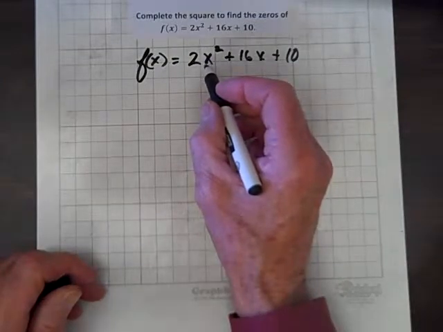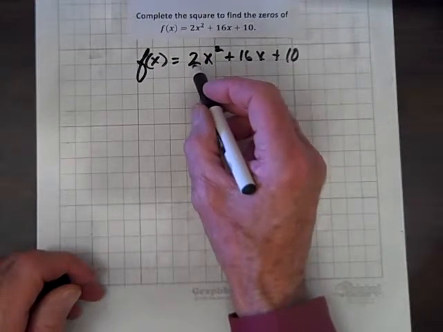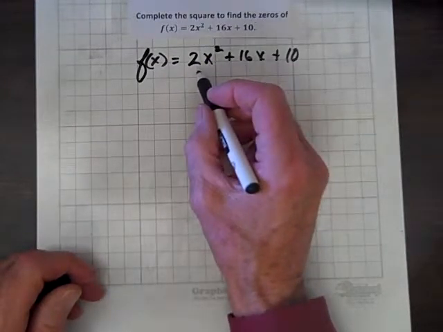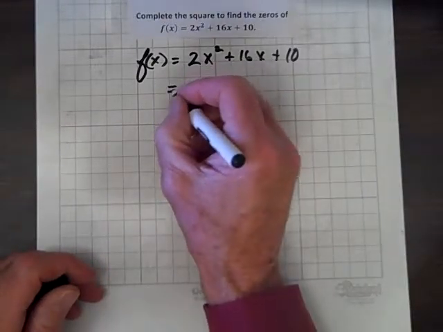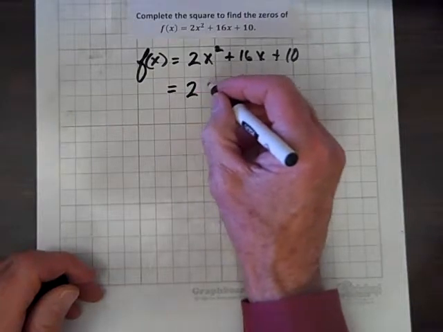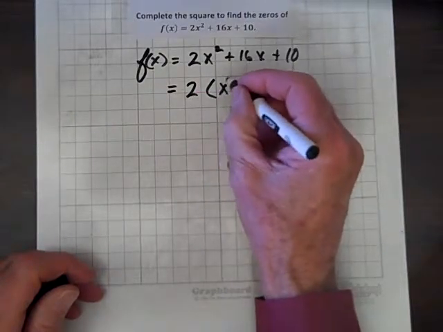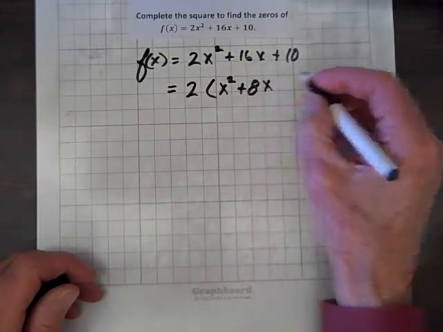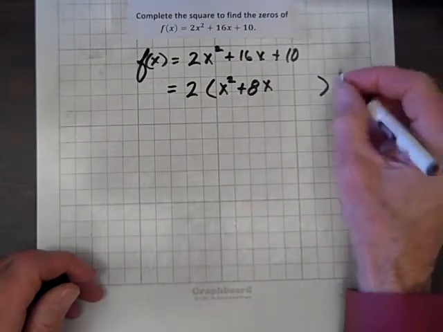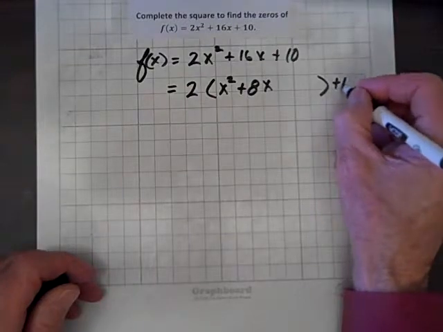The coefficient on x squared is not 1, it's 2. We've got to wrestle this thing to the ground. So here's our strategy. We'll factor a 2 out of the first 2 terms, close parentheses, put our plus 10 here.